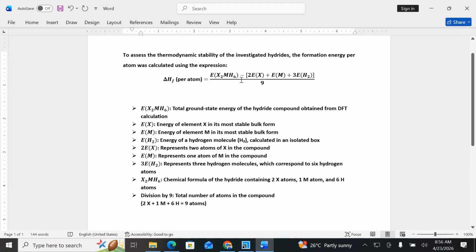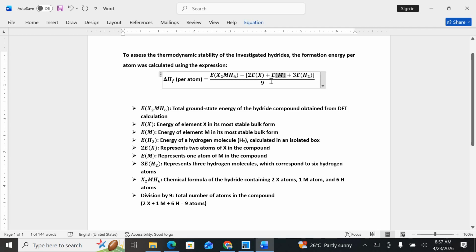In this equation, E_X2MH6 represents the total ground state energy of the hydride, which I obtained from DFT calculation. The terms E_X and E_M correspond to the energy of the elemental species X and M in their most stable bulk phases.